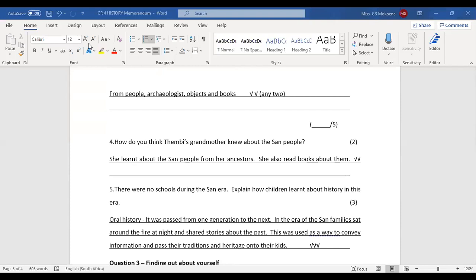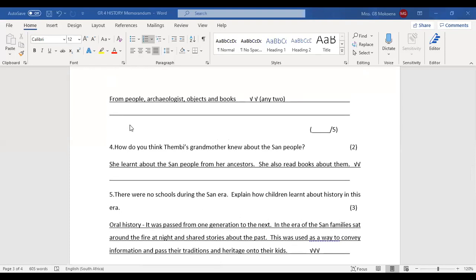Ma'am, they left paintings on the caves. They left what? Paintings. Yes, they left paintings on the caves. That's correct. Nice.